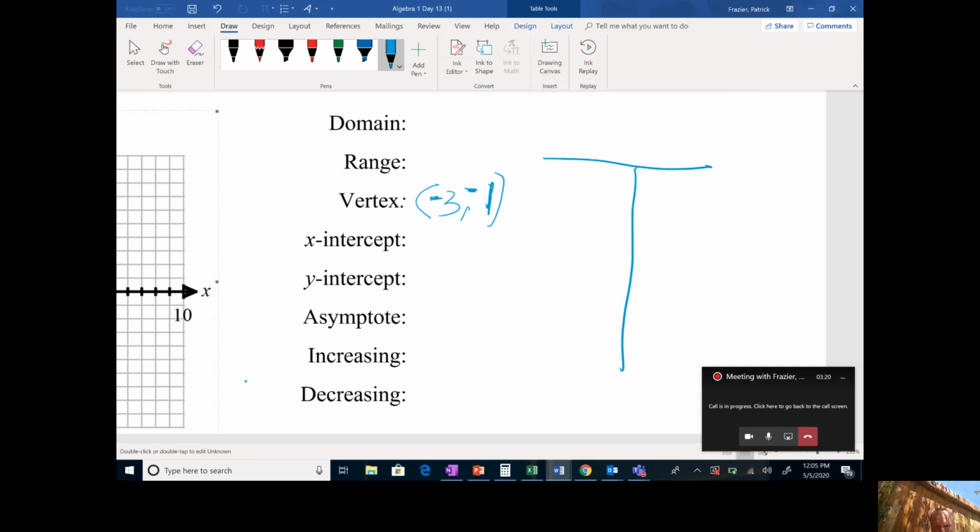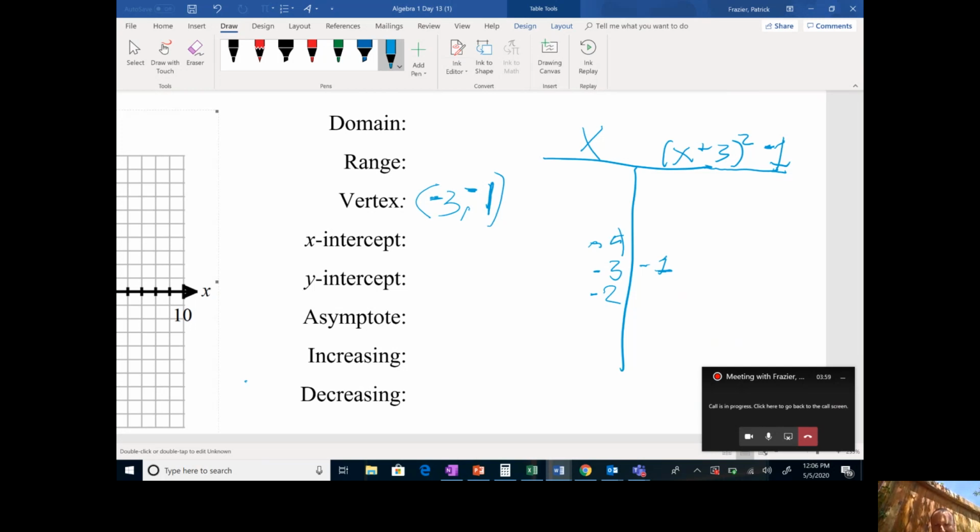I'm going to go roughly in the middle, and y here is actually the function x plus 3 squared minus 1. Okay, so x is -3, y is -1, or the output. That's what that function would equal. So now I want to find out -2, and I want to find out -4.